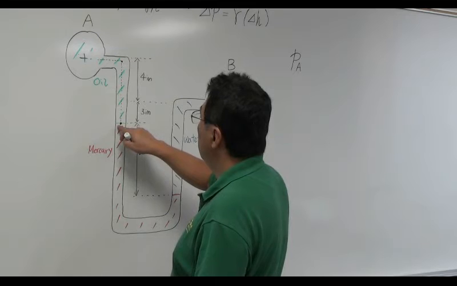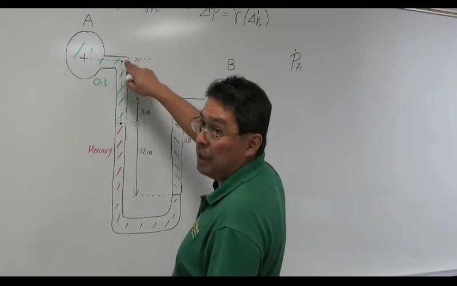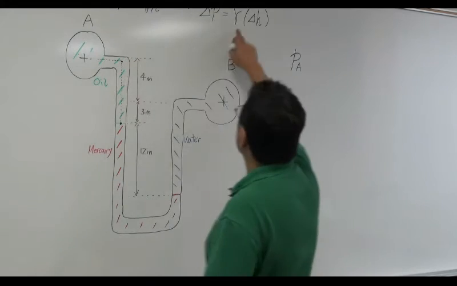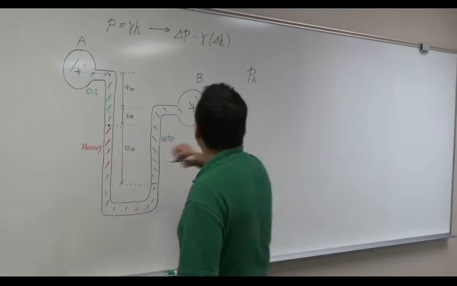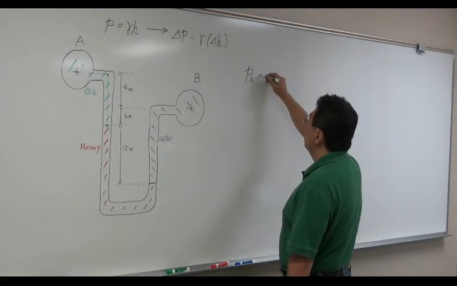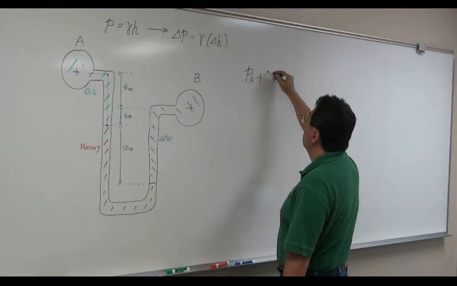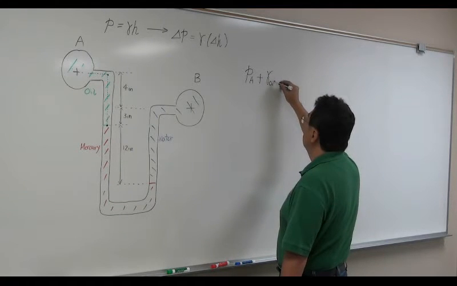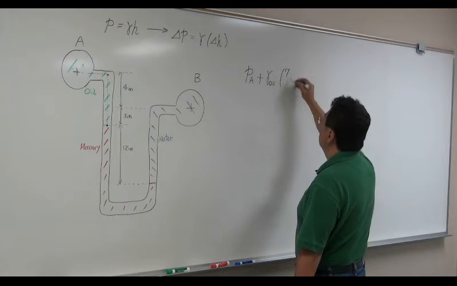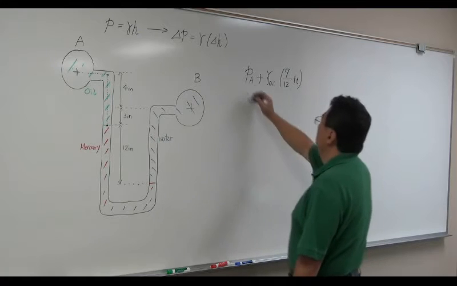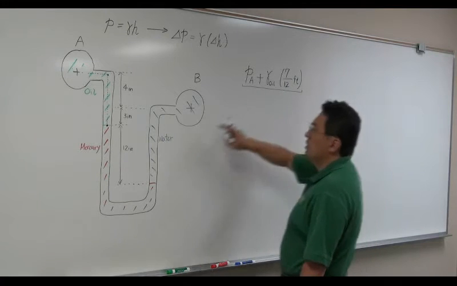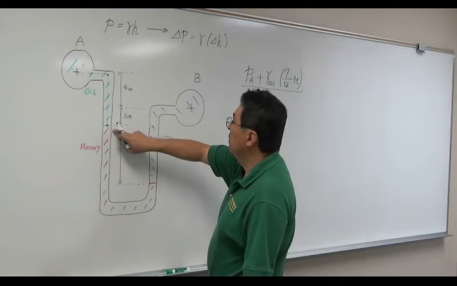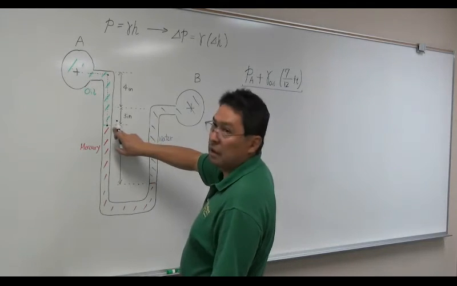Pressure here is whatever the pressure here or here is, which is PA, plus gamma times delta H. Delta H in this case is 7 inch. So PA plus gamma of oil times 7 divided by 12, to make it foot. 7 over 12 foot. So this is the pressure in terms of gauge right here.